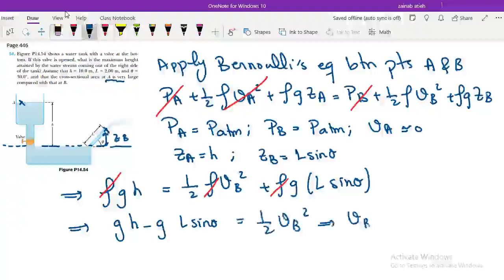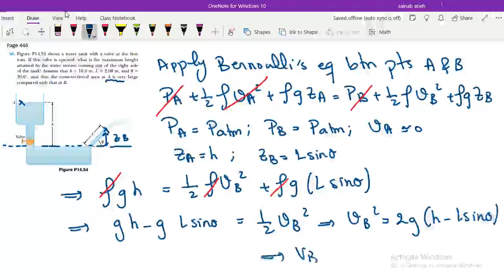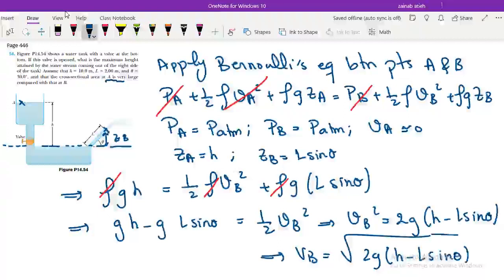This implies VB squared equals 2g times h minus L sine theta. So I have now to take the radical. VB is equal to the radical of 2g times h minus L sine theta.